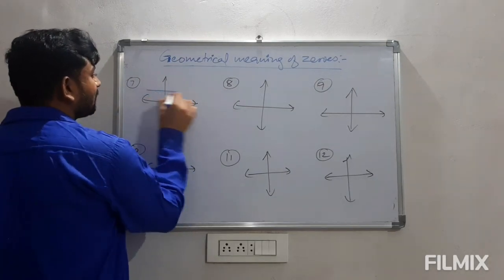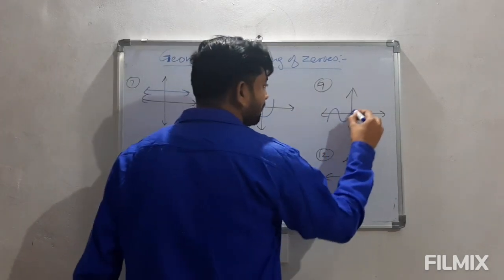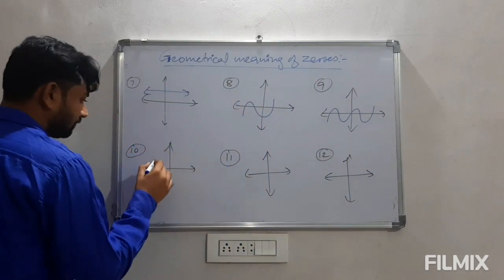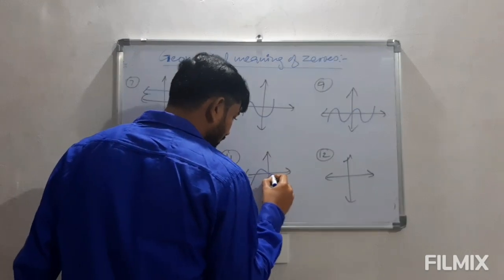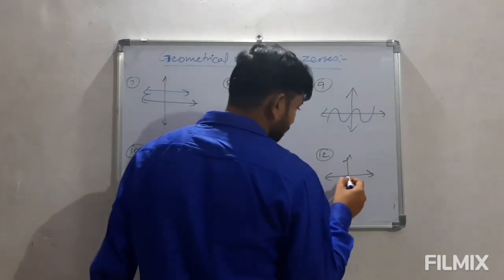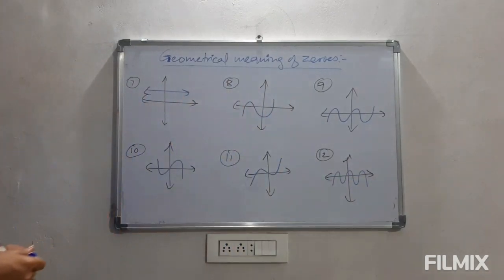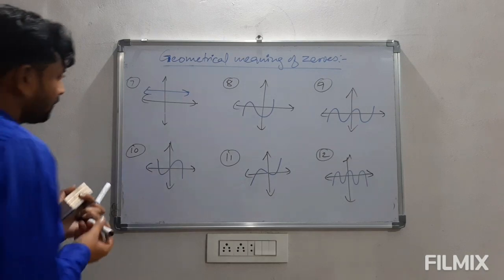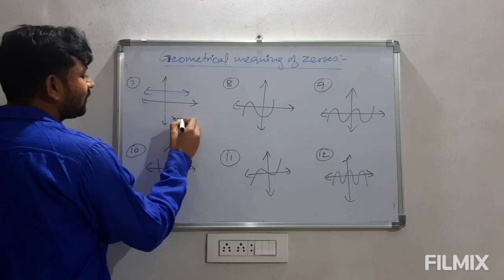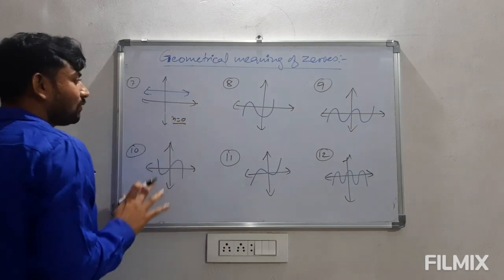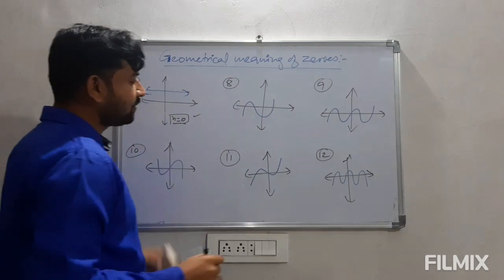If we talk about these many graphs, look at this graph. Now these are some other questions. Now look at this first, the seventh one. The number of zeros here is 0 as this line is parallel to the x-axis. This is not intersecting with the x-axis. The number of zeros here will be 0.